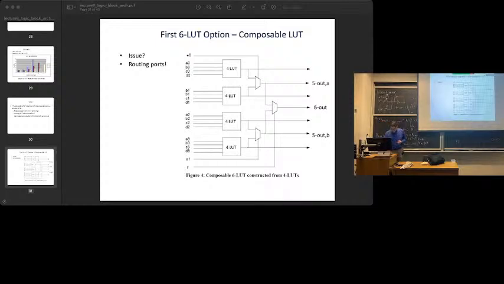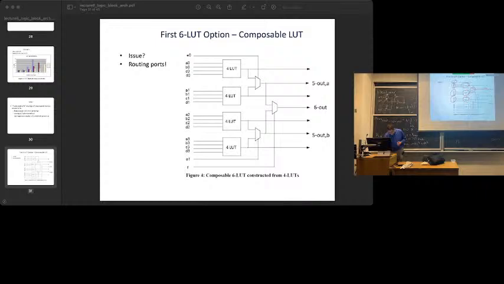So I've got a 4 LUT here. So you see 4 inputs. I got another 4 LUT with 4 different inputs, another 4 LUT with 4 different inputs, and so on. If I have one more input up here, and it selects between the output of this 4 LUT and this 4 LUT with this mux, that's a 5 LUT. And down here, I do the same thing. One more input that controls this mux. So now this LUT plus this LUT form a 5 LUT.